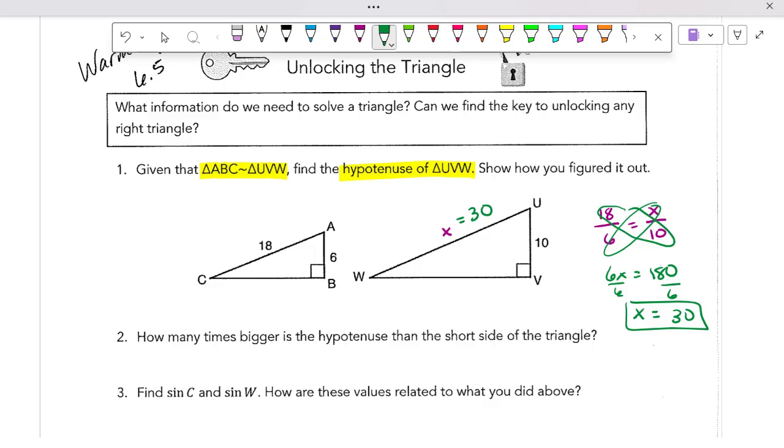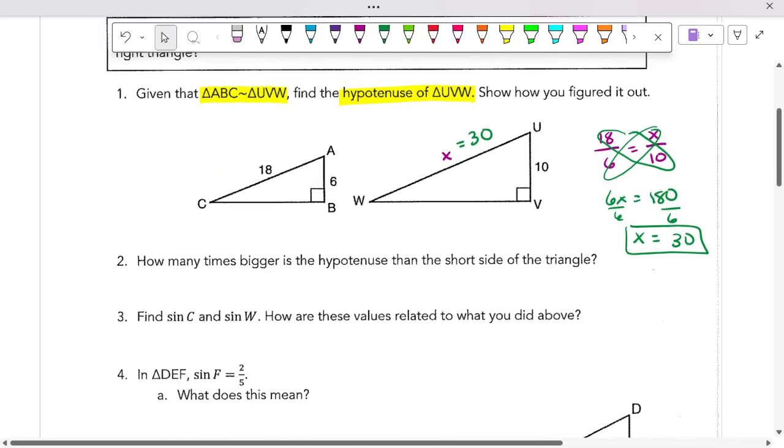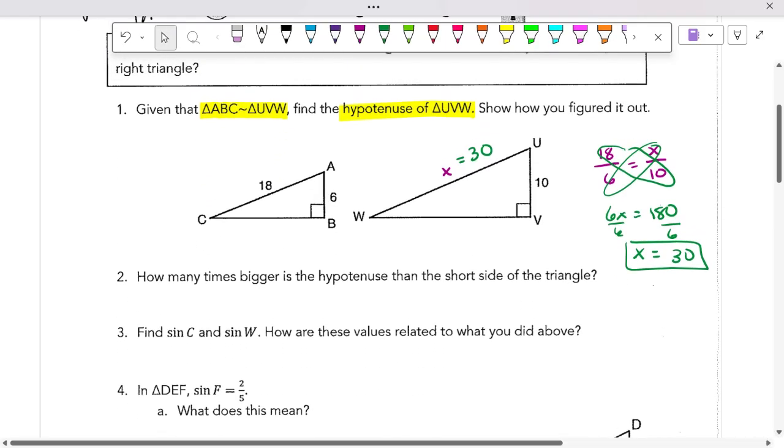As long as you keep the corresponding sides and the same triangles in the same spot in the fraction, that's fine as well. So how many times bigger is the hypotenuse on the short side? Anyone? It's 3 times bigger. All right.